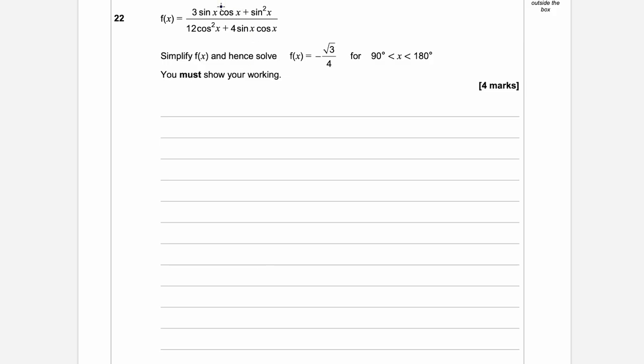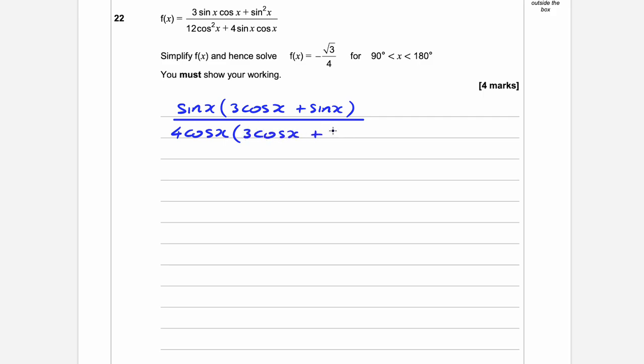Okay, let's have a think. My first thought, guys, is to factorize the top. I'll take out the sine x, so I have sine x times (3 cos x plus sine x). And then at the bottom, I'll take out a 4 cos x, so 4 cos x times (3 cos x plus sine x).